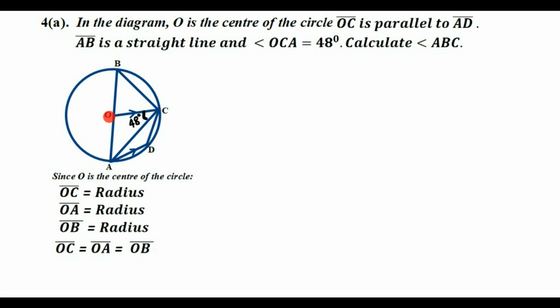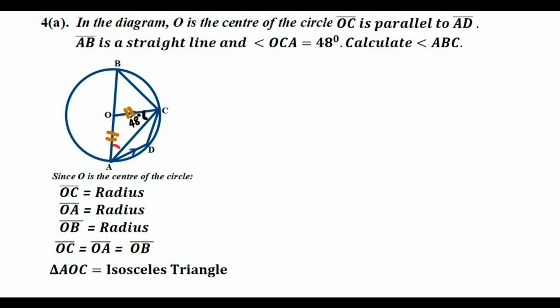Looking at it, OC is the radius of the circle, OA is the radius of the circle, and that tells us that this side is also equal to this side, and that is an isosceles triangle. So triangle AOC is an isosceles triangle, and in an isosceles triangle, the opposite angles are equal. So if this angle is 48, this angle will also be 48.